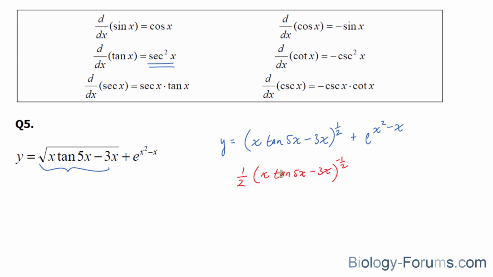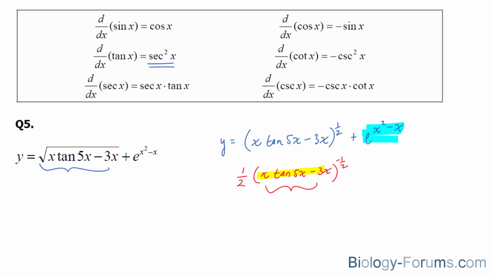And now we will differentiate this part. I'm just going to ignore this part of the question for now and just focus on the yellow. So let's start with this product. And we're going to use the product rule for that. So we'll start by finding the derivative of this one.